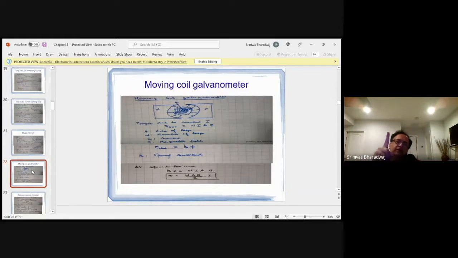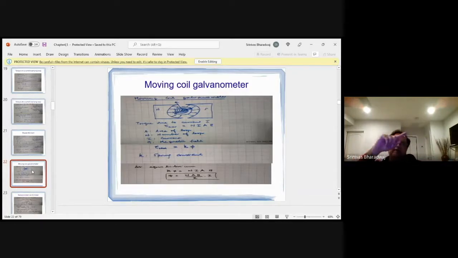So if the spring turns by phi, k times phi will give you the torque. Tau equals I alpha, right? Like so, k phi will give you the torque, just like kx for a linear spring. This is a torsional spring.